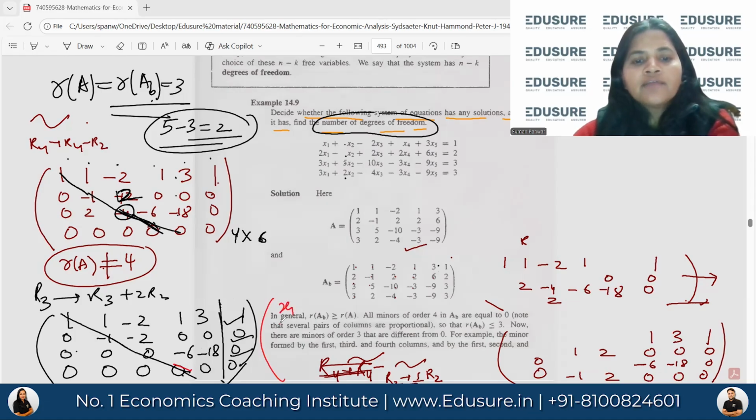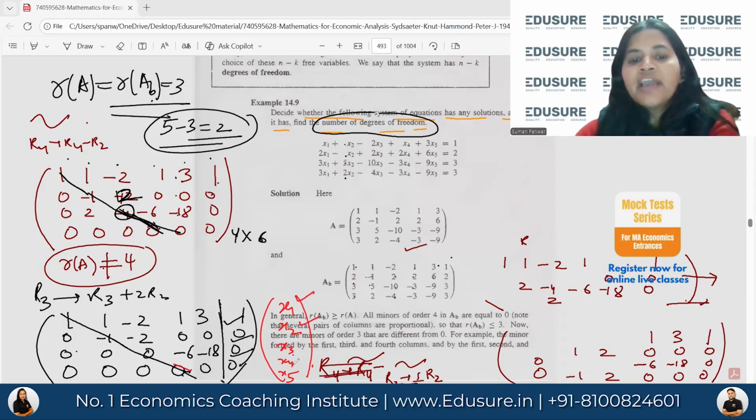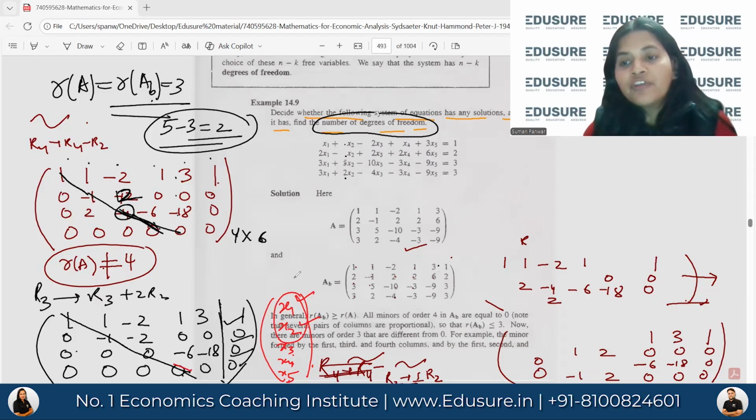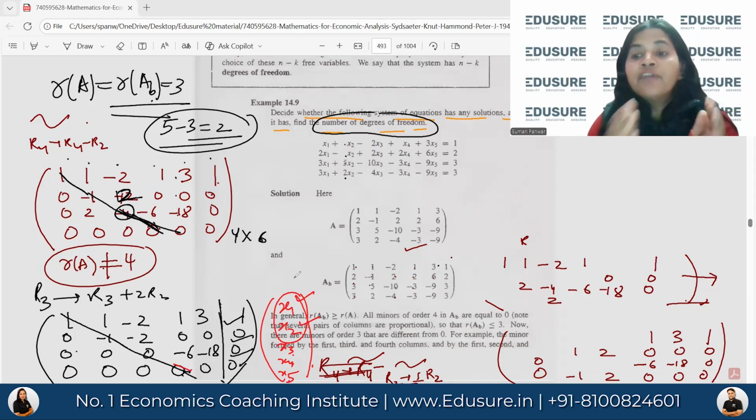Suppose this is your x1, x2, x3, x4, x5. So you can give arbitrary values to x1 or x2, and then you can determine x3, x4, and x5. That is what is meant by degrees of freedom. Okay, so what is degrees of freedom? Degrees of freedom are actually the number of variables which can be assigned values arbitrarily, and other variables can be solved using them.